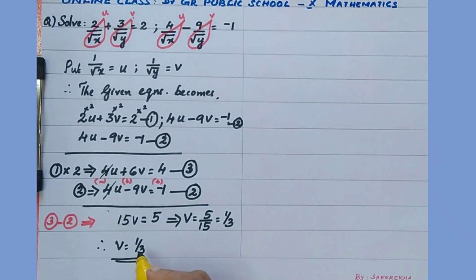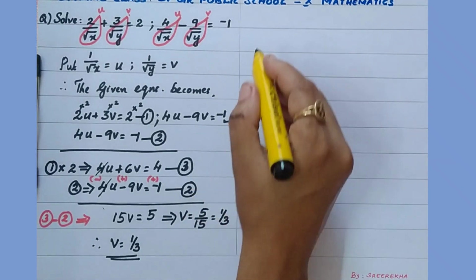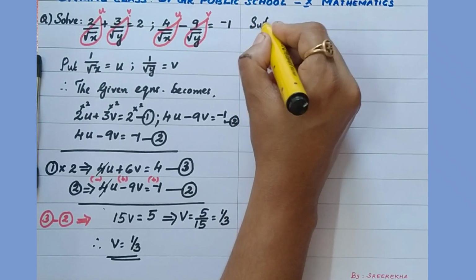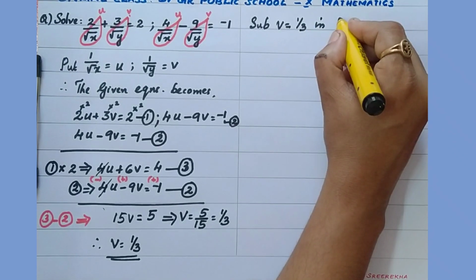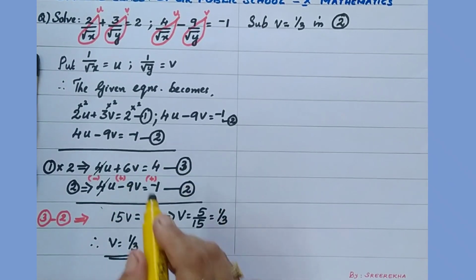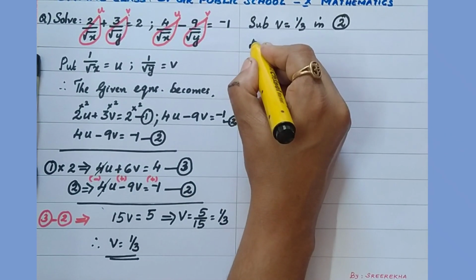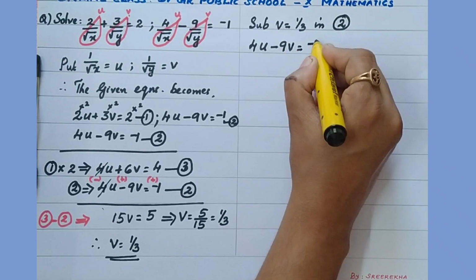Having got the value of v, you can substitute in either equation 1, 2, 3 or 4 to get the value of u. I am going to substitute v equal to 1 by 3 in equation number 2. Any equation you can take for substitution. What is equation 2? 4u minus 9v equals minus 1.